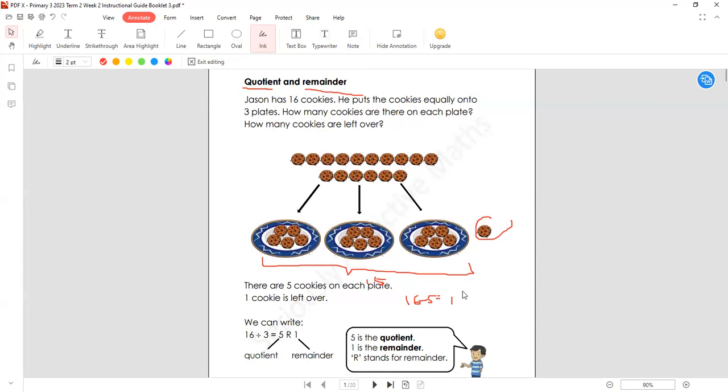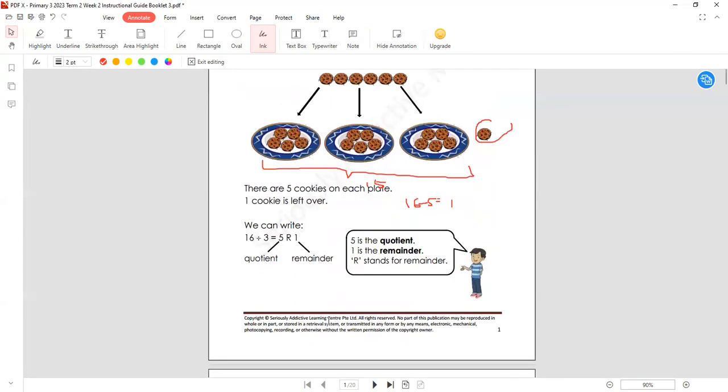Okay, so what does this mean? It means 5 cookies on each plate. The 5 is the quotient, which is the equal number of items in each group, and the remainder is the one that cannot fit in. So that's what remainder means.